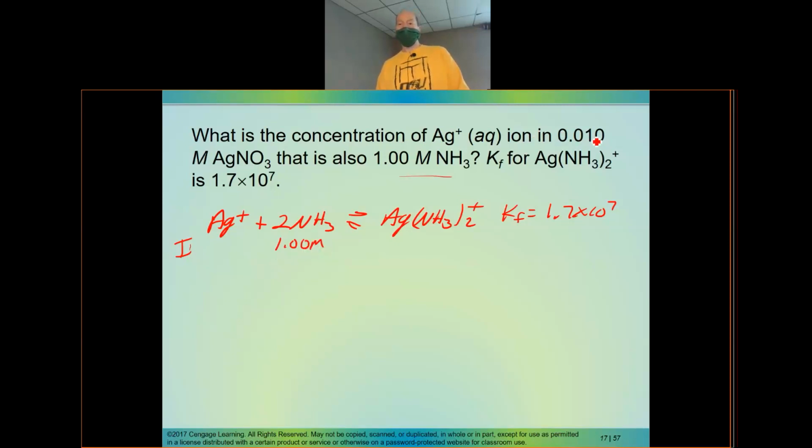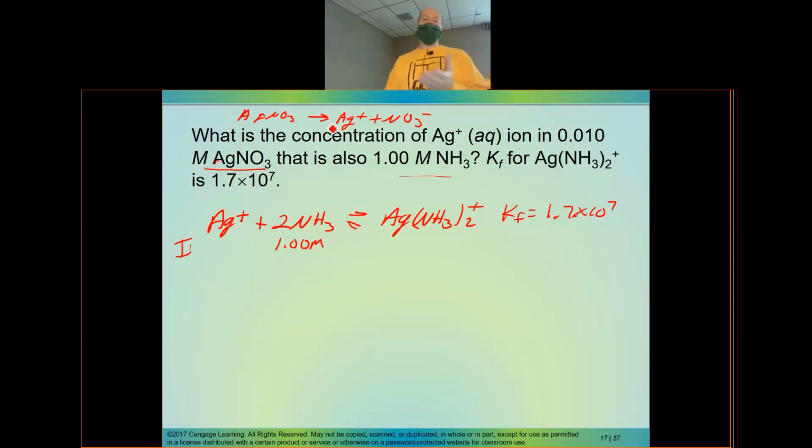It also says that we have 0.010 molar AgNO3. All right, you need to remember from chapter 4 that all nitrates are soluble. And so your AgNO3 doesn't have equilibrium, it has a single arrow. It is soluble, 100% ionized. And so you have your Ag plus and your NO3 minus.